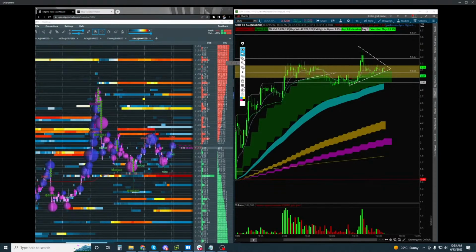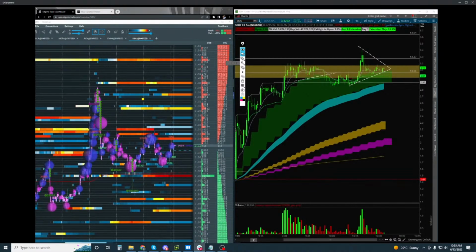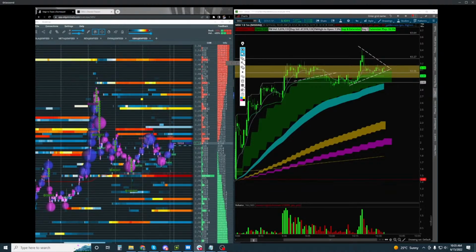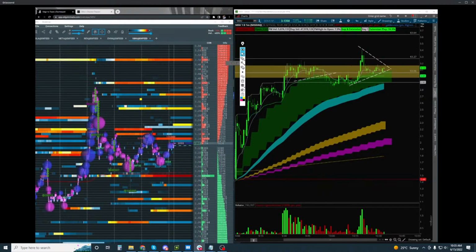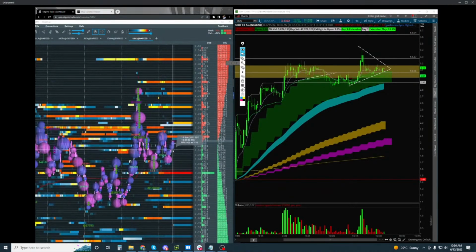Price is still holding over here the 310, 315. We're probably looking for the break. It's becoming very tight, so I believe they will take a direction soon.